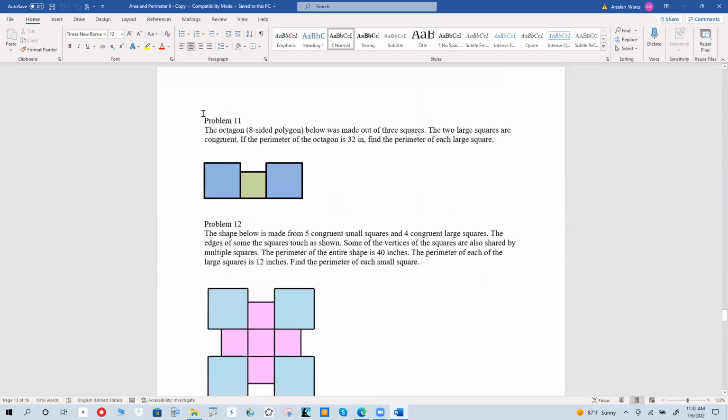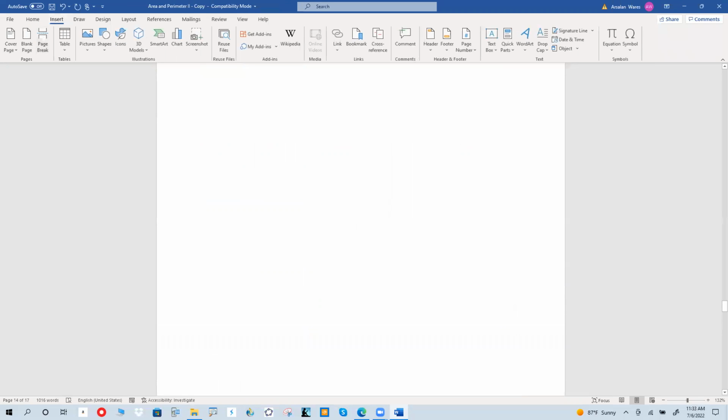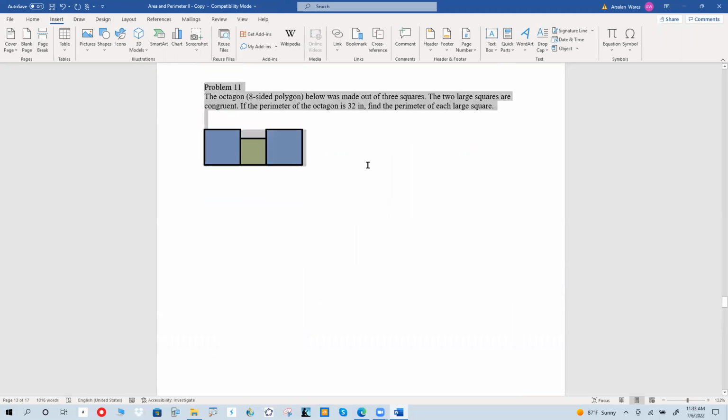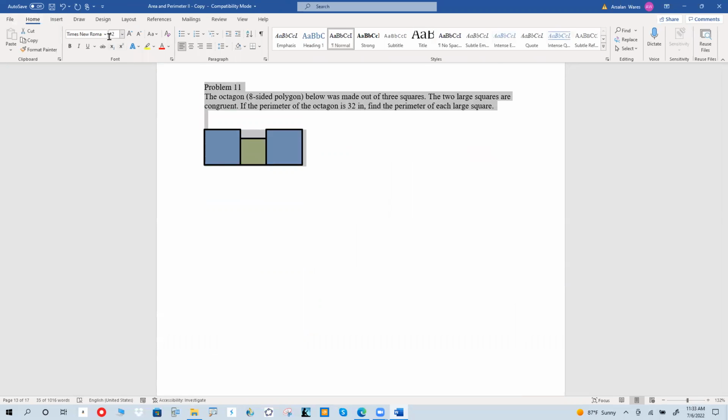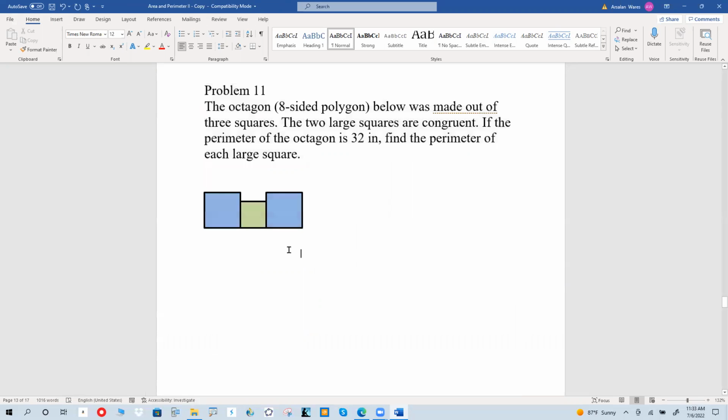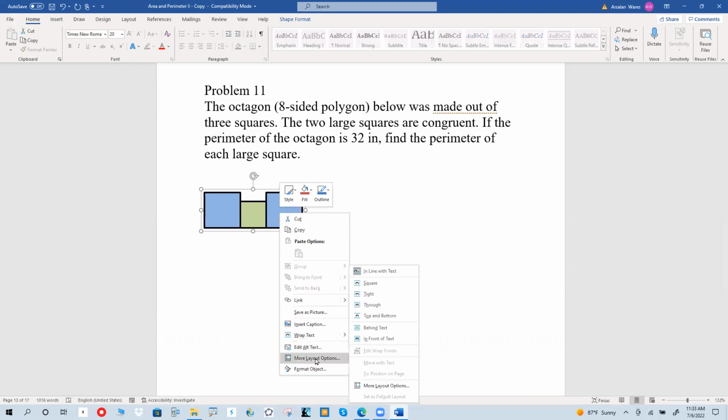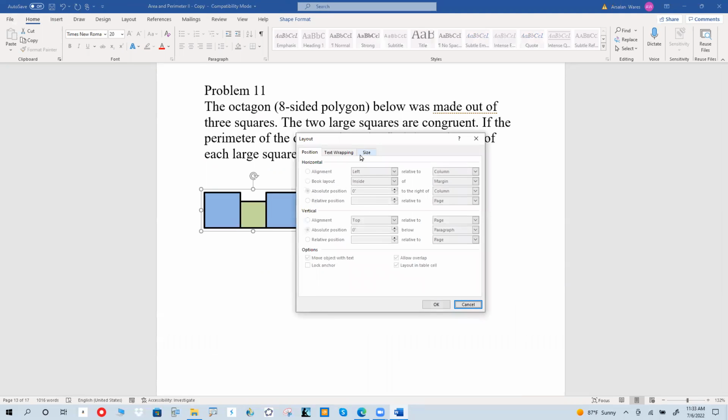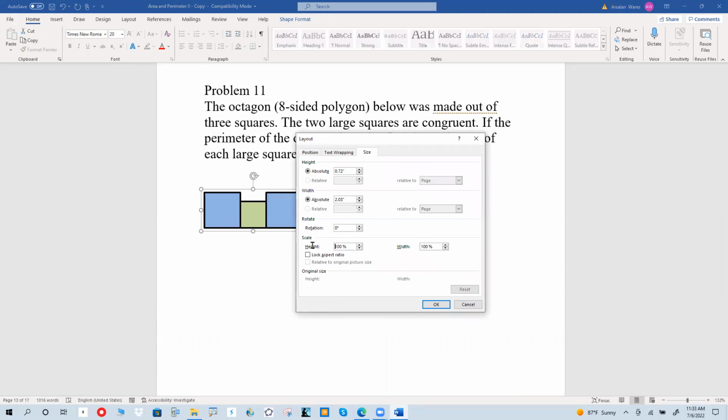Let's try this one, number 11. I'm just going to make the picture a little bigger, okay? That's the plan.